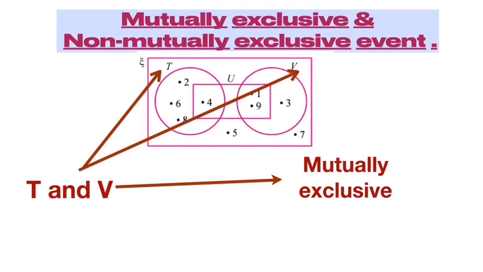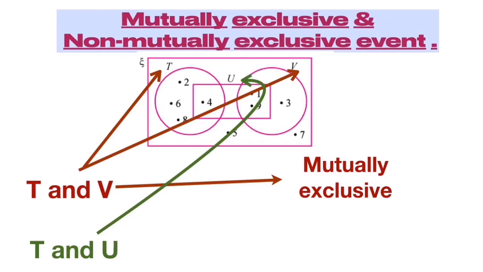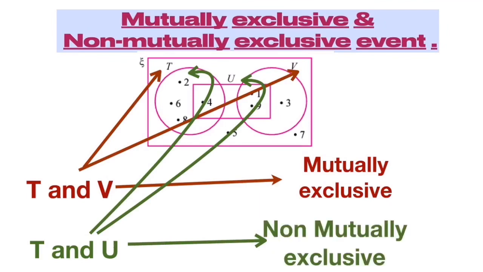Alright, T and U are intersecting at the element 4. It belongs to T, it belongs to U. So T and U are non-mutually exclusive. Okay? If they intersect, non-mutually exclusive. Does not intersect, mutually exclusive.